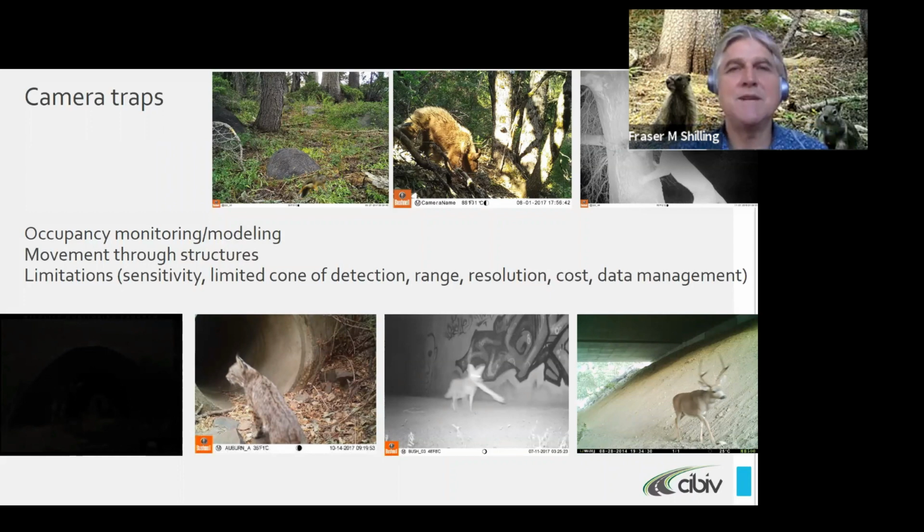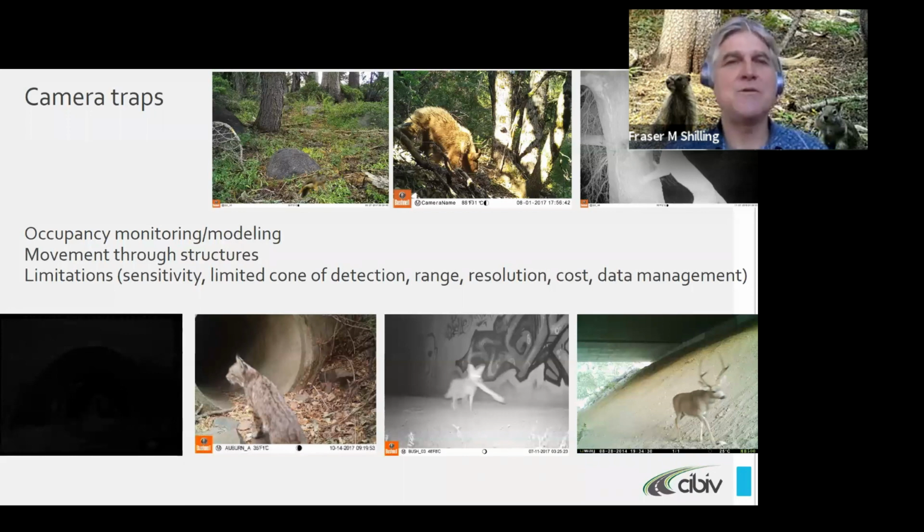There's a limited cone or zone of detection, the area that can be detected by the camera, whether it's from the sensor or the size of the image and what's in the field of view for the camera. There's always limitations of range. So for example, the sensor for wildlife movement could have a 20 or 30 meter range where it can be triggered.